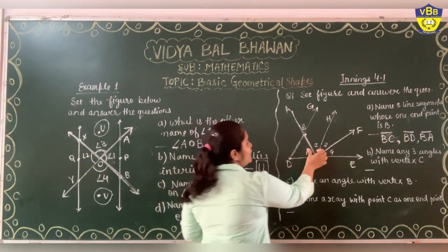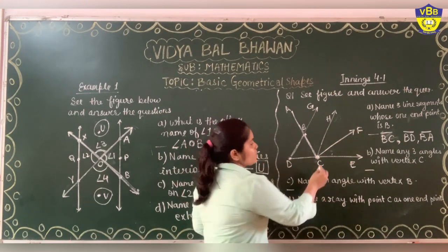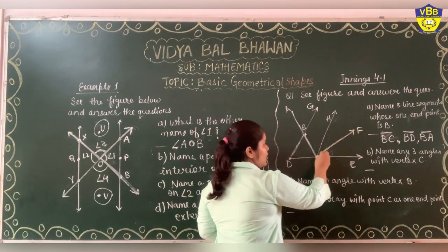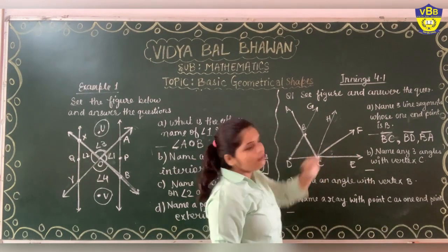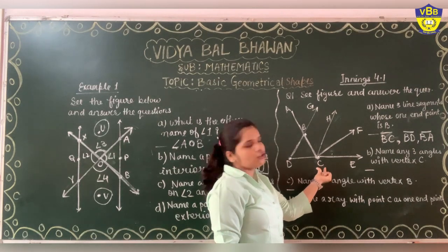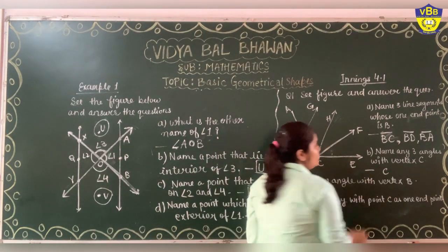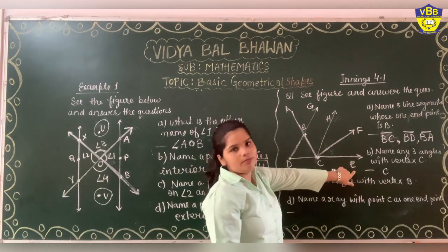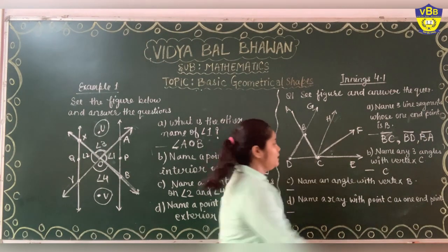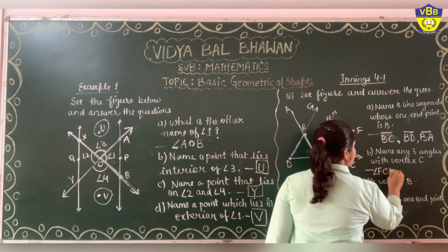So how will we write the name of the angle here? Suppose this is the first angle with vertex C. Vertex should be in the middle. C will be in the middle only. After that, F and E can be written on either side. It will be angle FCE.